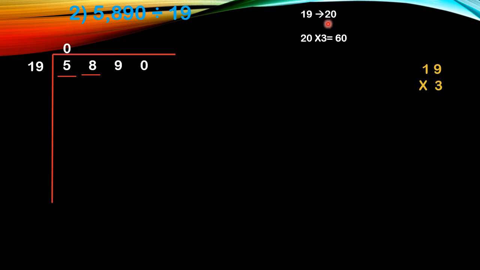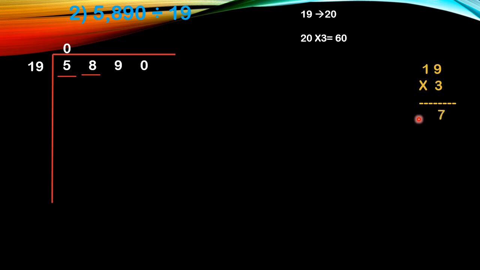Because multiplying 19 by 1, 2, 3 is a long process. But when we round off the divisor, 20 is easy. So 20 into 3, 60. So we can directly multiply 19 by 3.